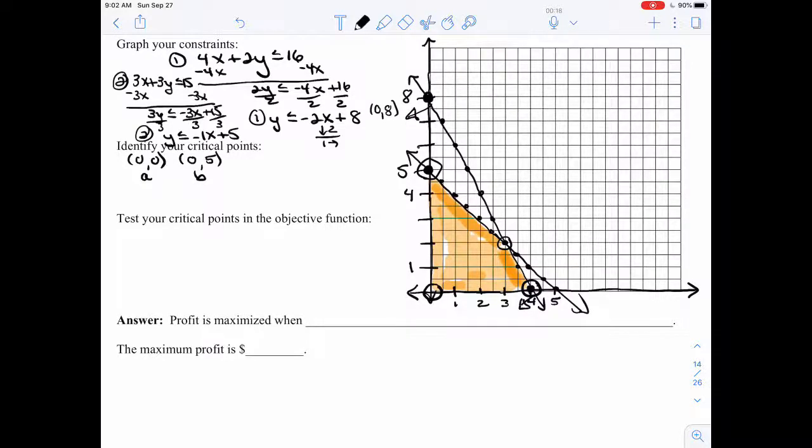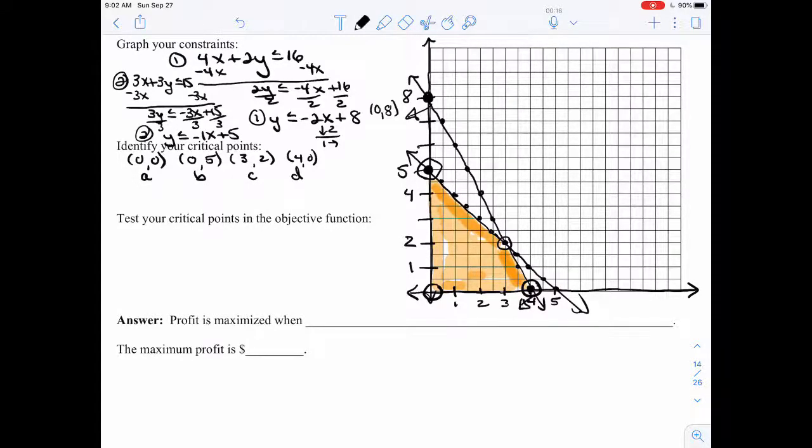The third point is at 3, 2. You need to be careful. Don't just count the boxes. 3, 2. That is our third point. And our fourth point is at 4, 0. Be careful with the points that are on the X or Y axis and make sure that you have your points written correctly.